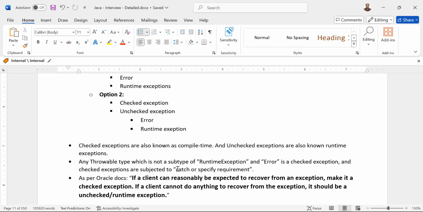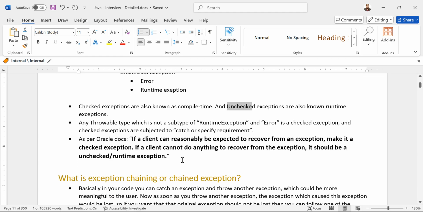If someone is an experienced coder with decent knowledge, then he would be able to figure out possible scenarios for runtime exceptions. But as such, runtime exceptions you can't anticipate, so they occur at runtime only.